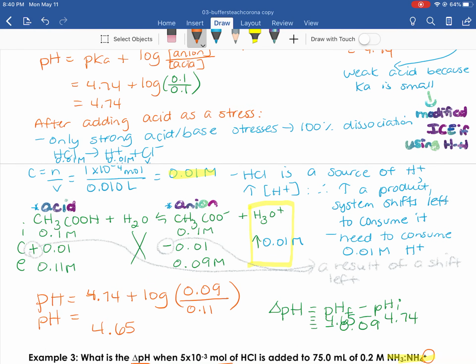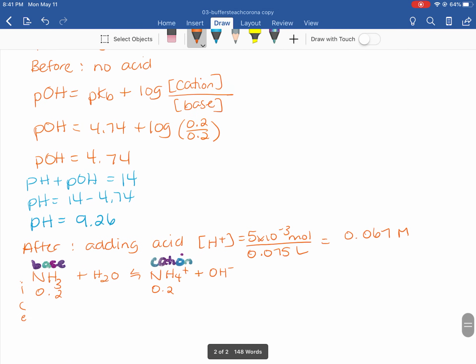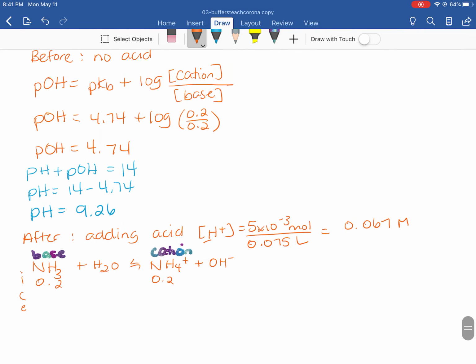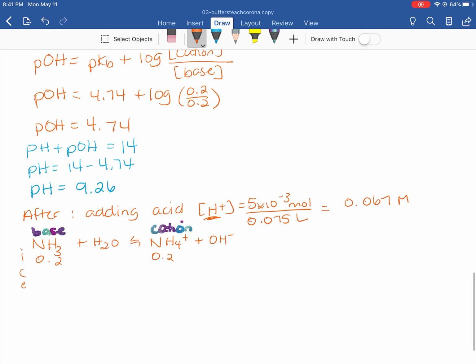So in this case here, this was more like common ion. It was a source of H+, we had H+, we knew exactly where to put it. But down here, now we're still doing H+, but now there is no H+ in our equilibrium expression. So there are two ways to think about this.